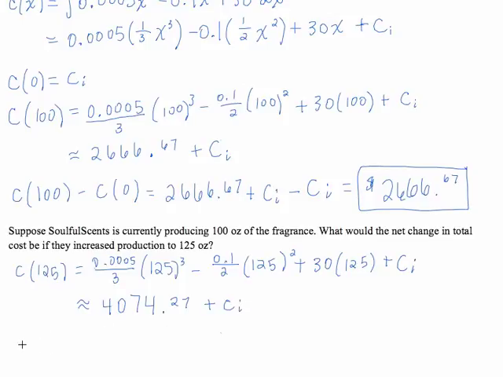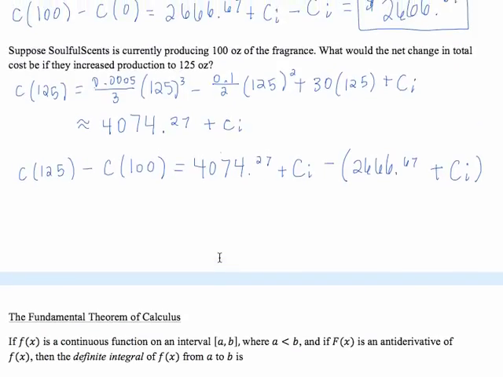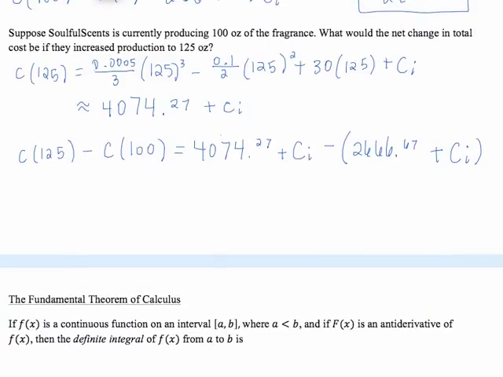So the net change in total cost is your total cost when you're producing 125 ounces minus your total cost when you're only producing 100 ounces, which gives you 4,074.27 plus the fixed cost, minus the C of 100 right here, 2666.67 plus C sub I. If we distribute the negative across the second term, the C sub I's cancel, and so we get the net change.